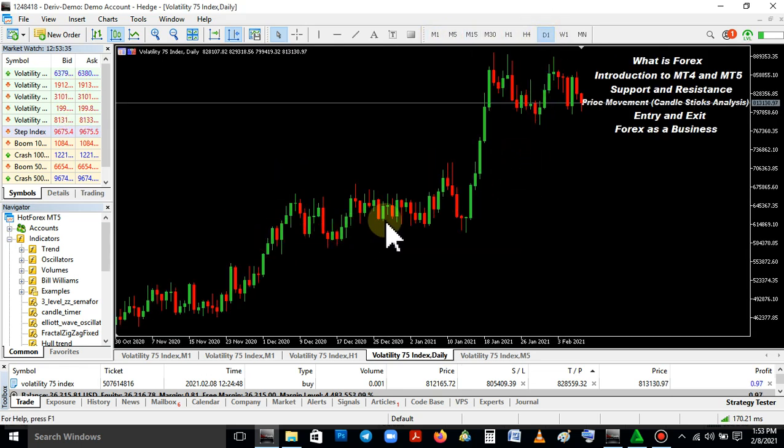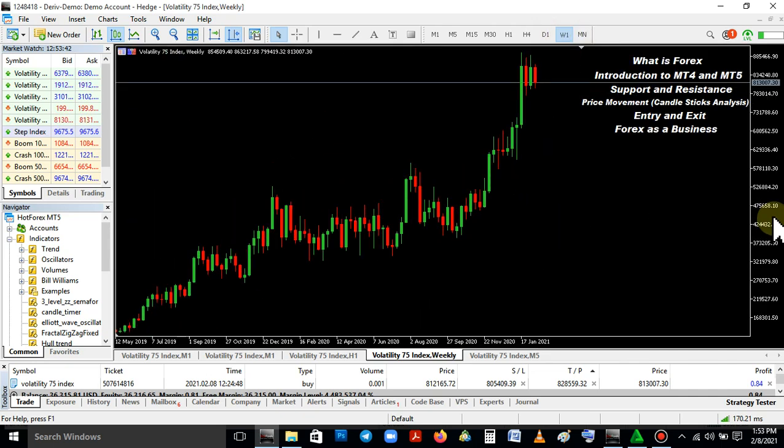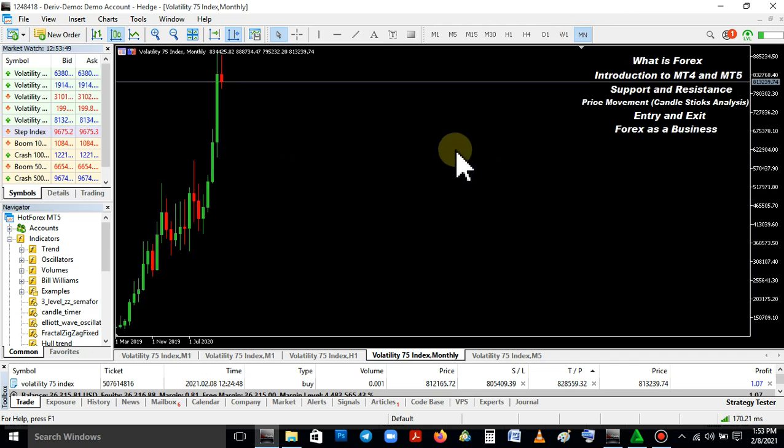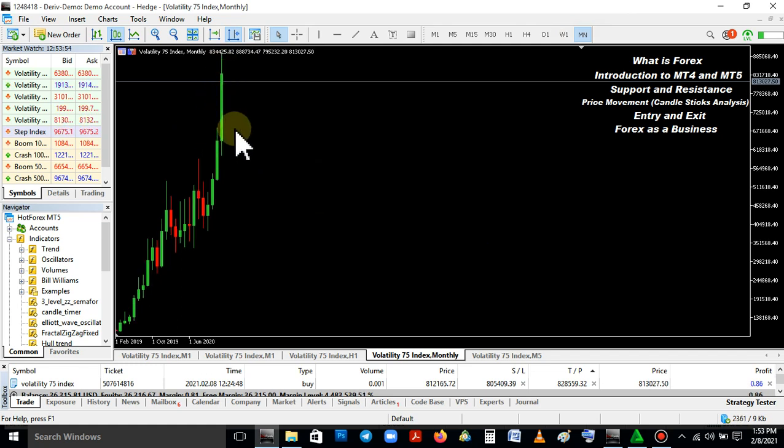It means all of these candles you are seeing, this is a summary of every trading activity that took place in 1 day. Then you can also go to the weekly like that, and then you can go to the monthly and all of that. Are we together? So last month we had a very strong bullish move.